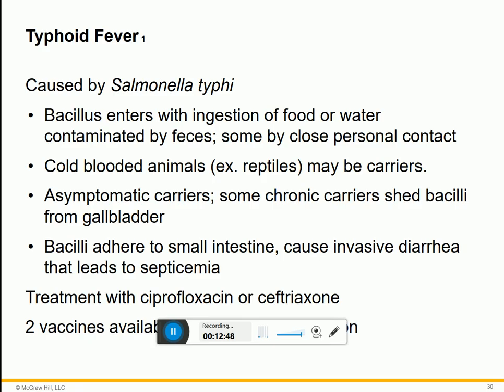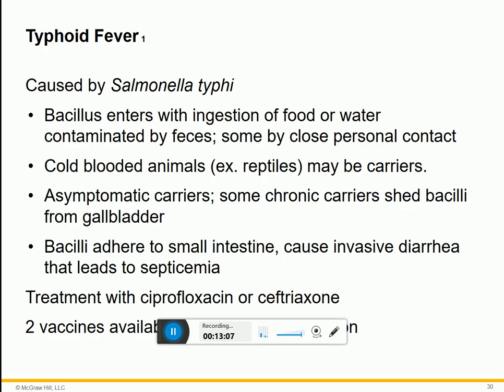got infected. Another source of the infection could be cold-blooded animals like reptiles. So if a person has a turtle or an iguana, these tend to be carriers of Salmonella typhi and they can transmit it over to their humans.